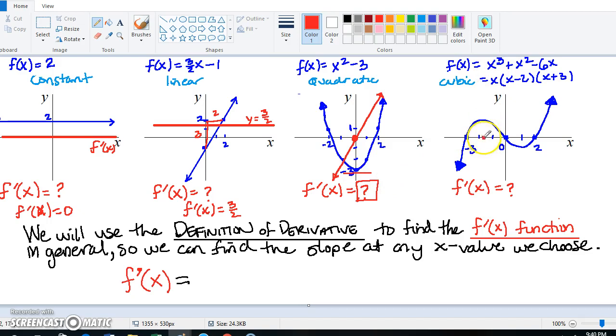This cubic has some zeros. I'm taking a stab at where those are. I don't know exactly. But I know somewhere in between there's a greatest negative rate of change. And we have positive slopes, 0 slopes, negative slopes, 0 slope, positive slopes.